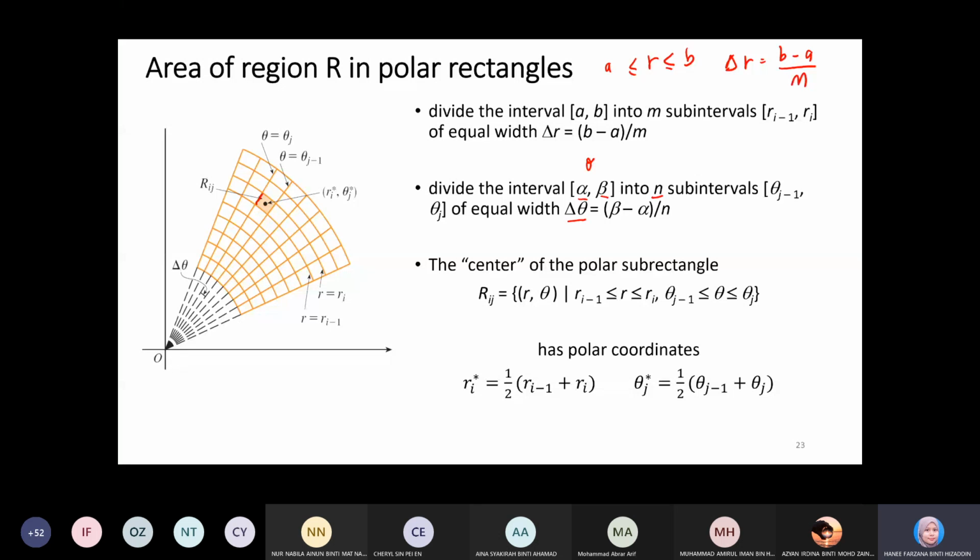Now the center of the polar subrectangle. You just take this subrectangle here, but it is not a proper rectangle.